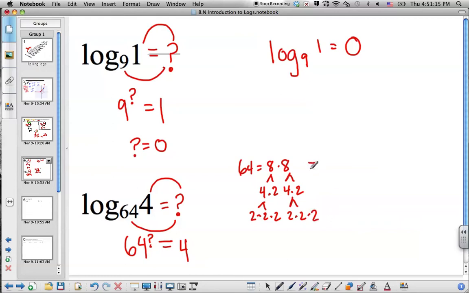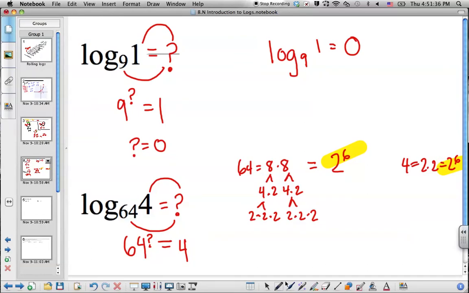So 64 can be written as 2 to the power of 6 or 4 to the power of 3. And then 4 can be written as 2 squared. We'll do it with 4 after this, but let's just stick with this one for right now. 4 would have been easier, I guess.